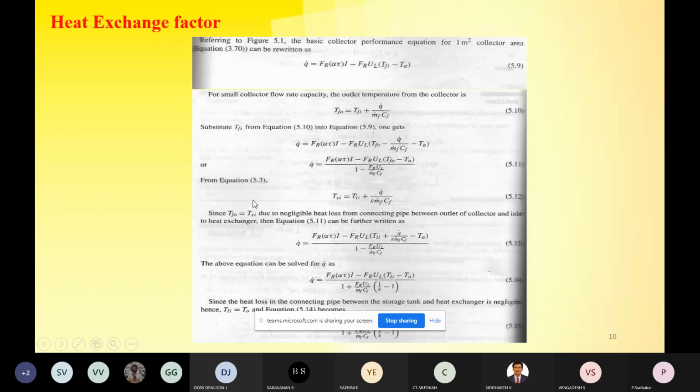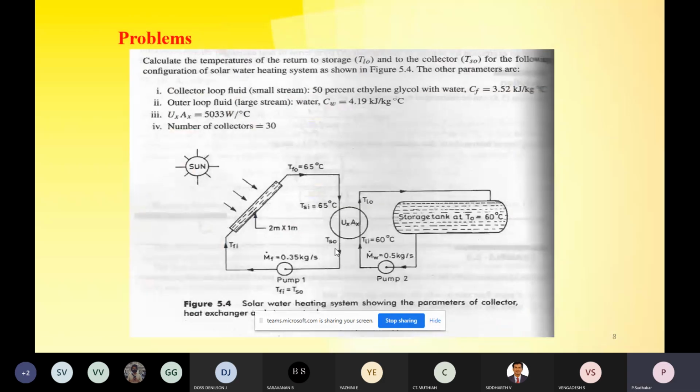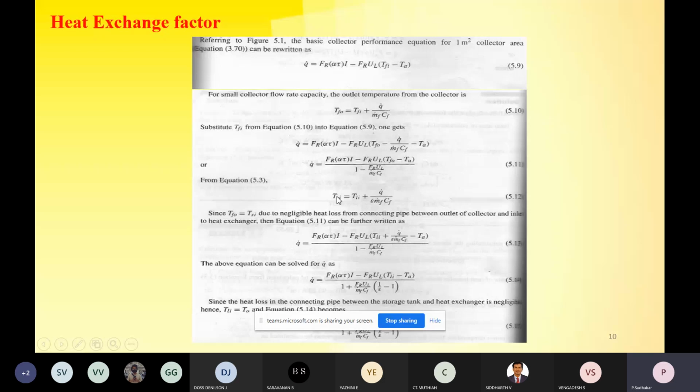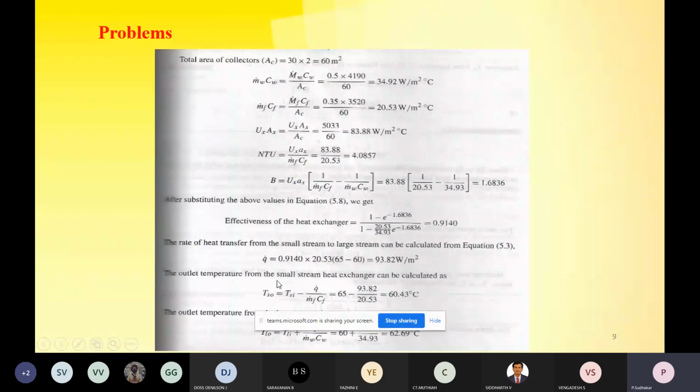Then the next step is when you consider negligible heat loss from the connecting pipe between the outlet of the collector and the inlet to the heat exchanger. This is TFO, the outlet of the collector, and this is TSI. When you consider TFO equal to TSI, there is no heat loss in the piping system. How you write TSI is the same equation we have solved in the problem here.